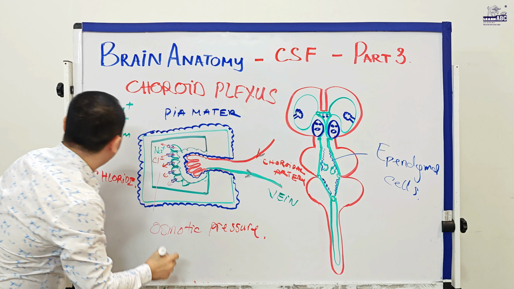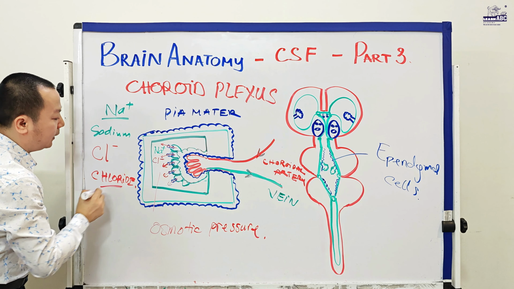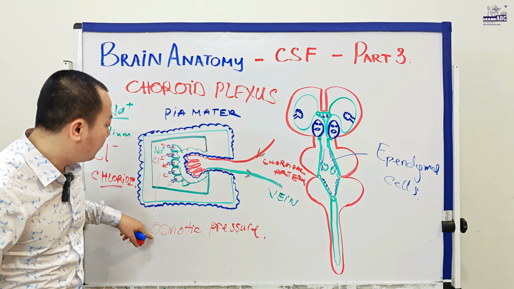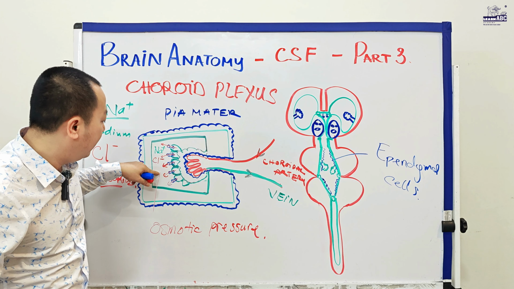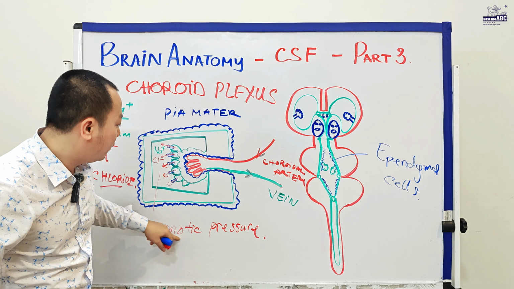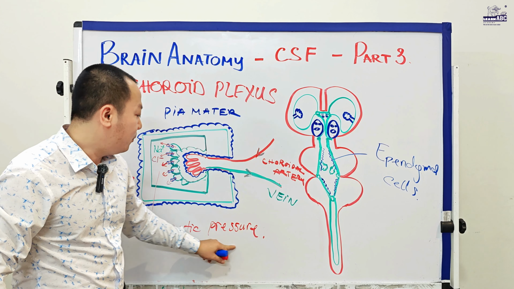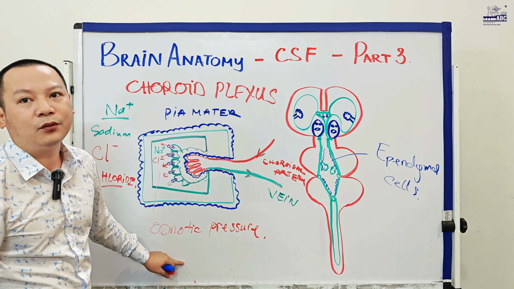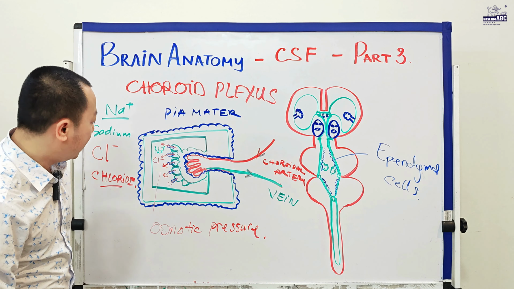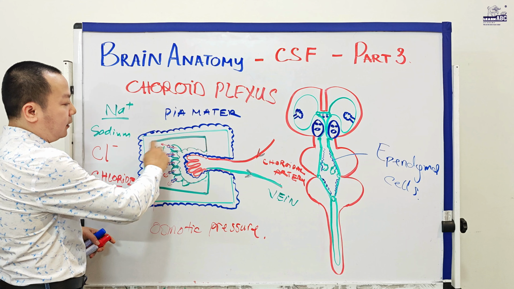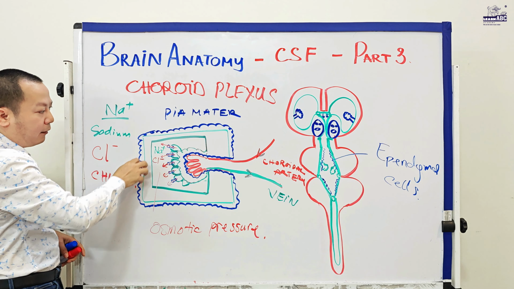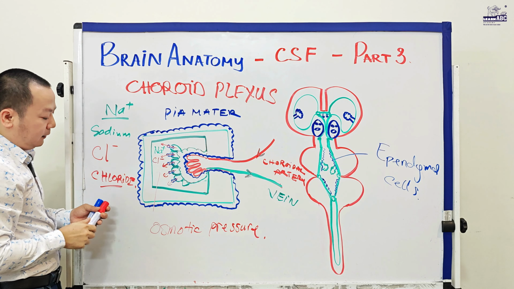So now, because sodium and chloride come out, in this cavity, osmotic pressure will increase. Osmotic pressure means they have the tendency to absorb water, to take water. So that's why they will pull out the water, right? From here, they will pull out the water to this cavity.